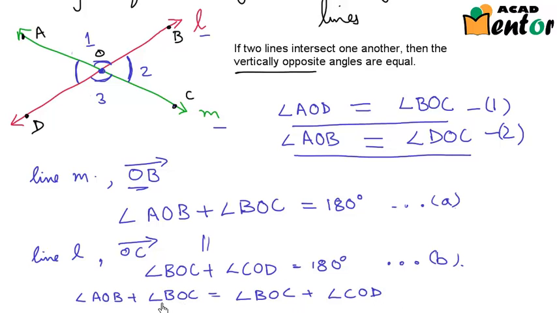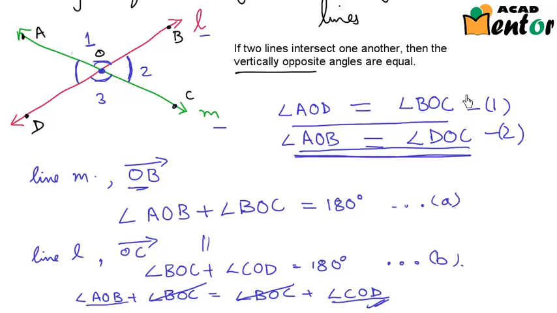And on both sides I have this angle BOC which could be cancelled out, and what I would be left with is angle AOB is equal to angle COD, which basically means angle 1 is equal to angle 3, and that is nothing but this particular condition right here. So we've just proven that angle AOB is equal to angle DOC or angle COD as I have written in this case. So the vertically opposite angles are actually equal.